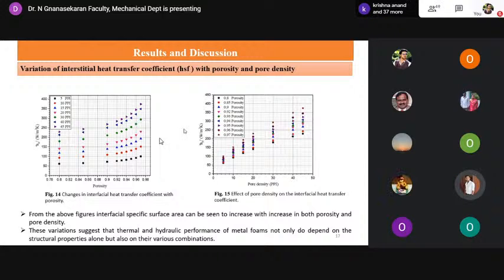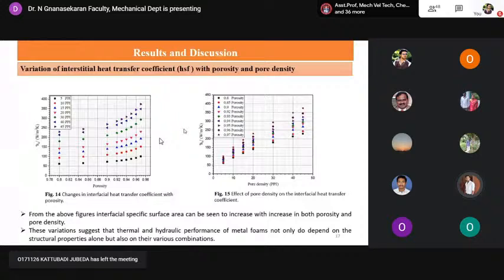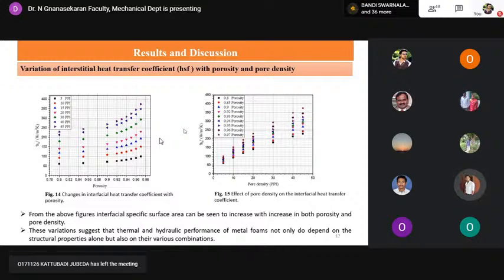This shows an increasing trend for both cases, porosity as well as pore density. When we increase the porosity and look at different pores per inch, the interfacial heat transfer coefficient is high for the 40 ppi case compared to the 5 ppi case. Similarly, with the increase in pore density, 0.8 porosity has a lesser interfacial heat transfer coefficient compared to 0.97 porosity.